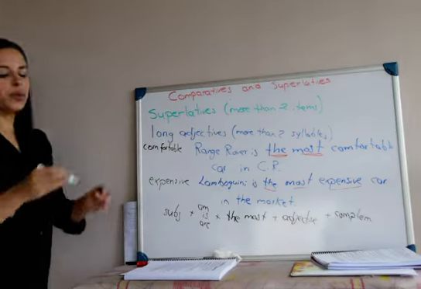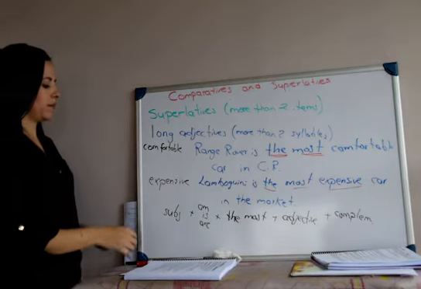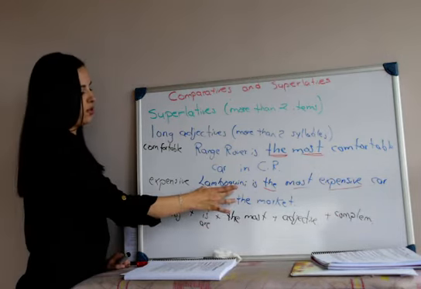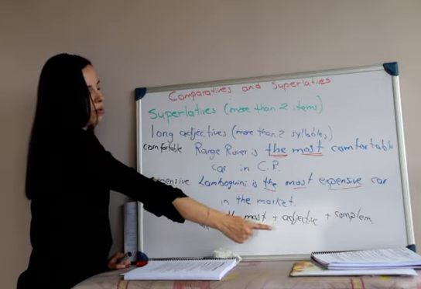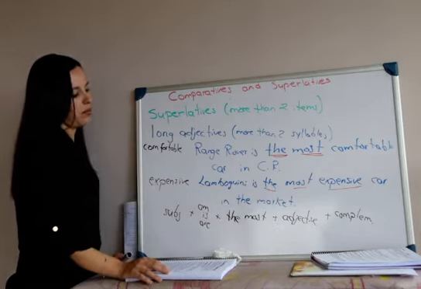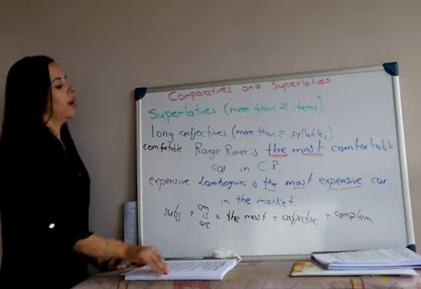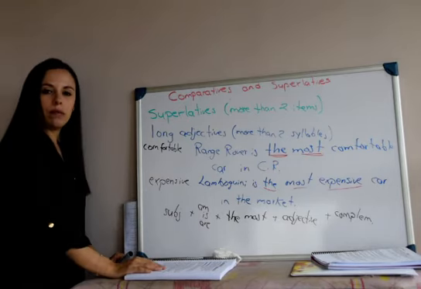Or subject number 2 or number 3 or whatever, it depends. Okay, so subject Lamborghini. Verb to be, is the most, simple adjective, expensive, complement, car in the market. And that's what you need to know about superlatives.